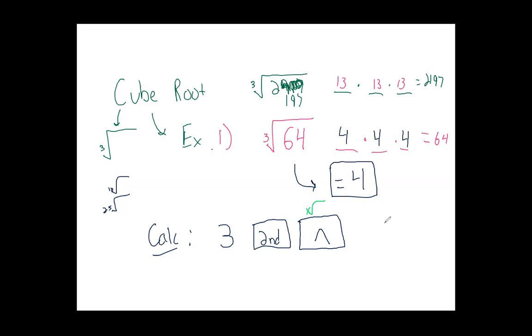And then we're going to type in our number, which was 64, and then we could hit enter. And we get 4, right?